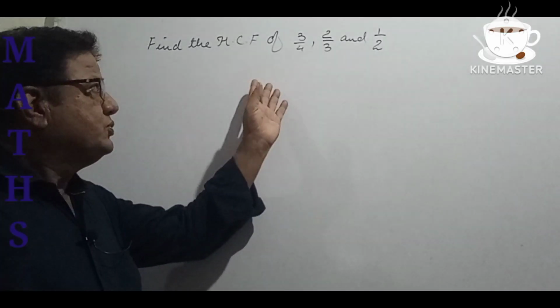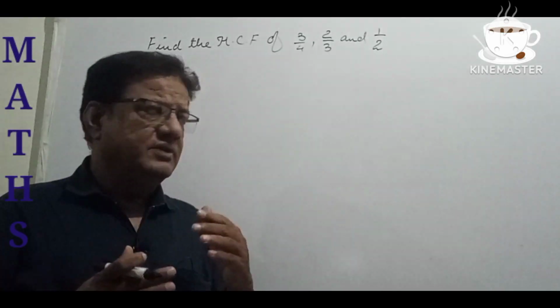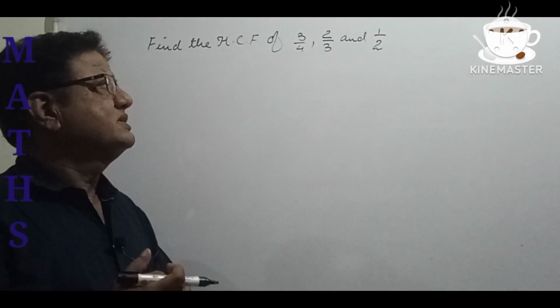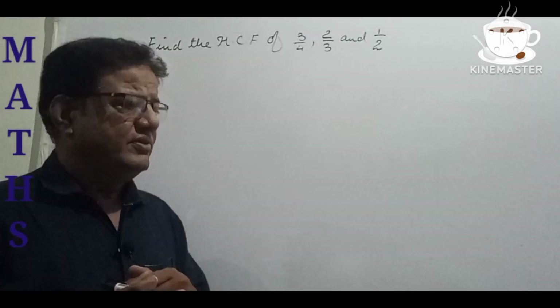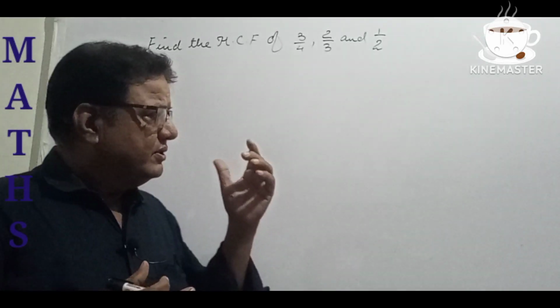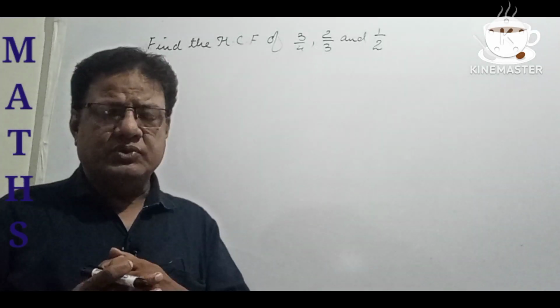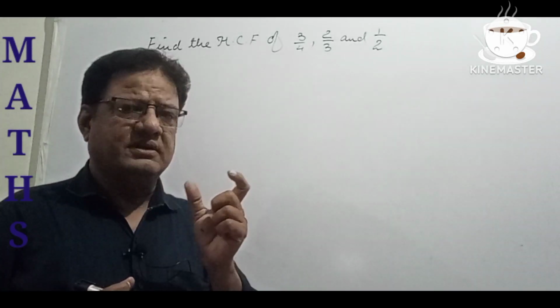First of all, we see this question. This question is in fractional form. When the numbers are given in fractional form, how can we find the SCF? To solve these types of questions, we get a formula.